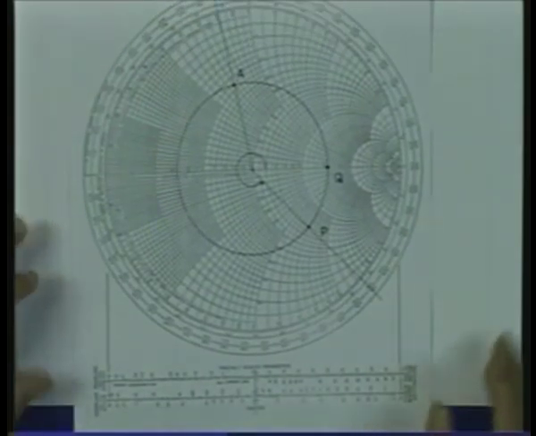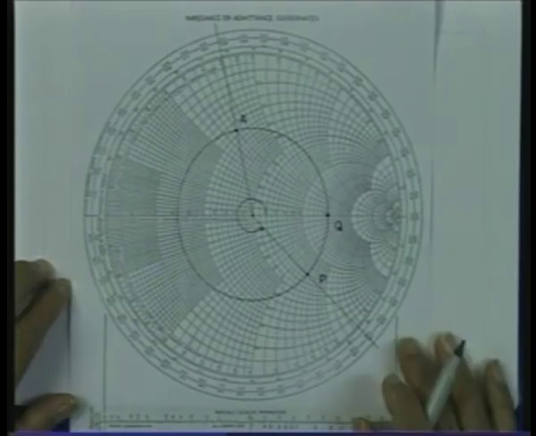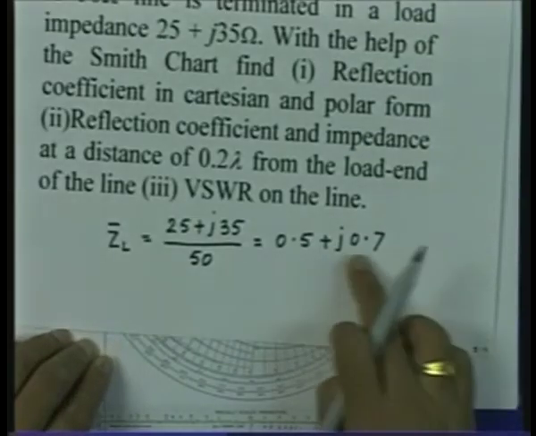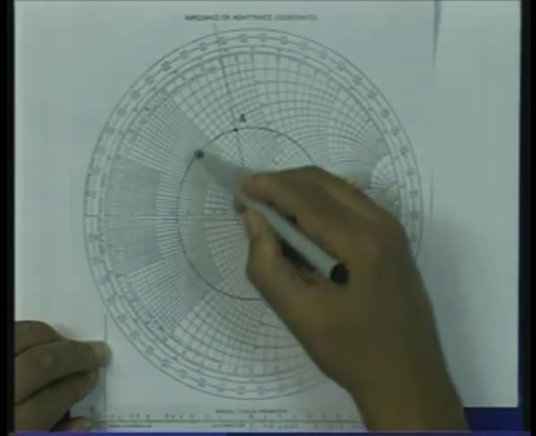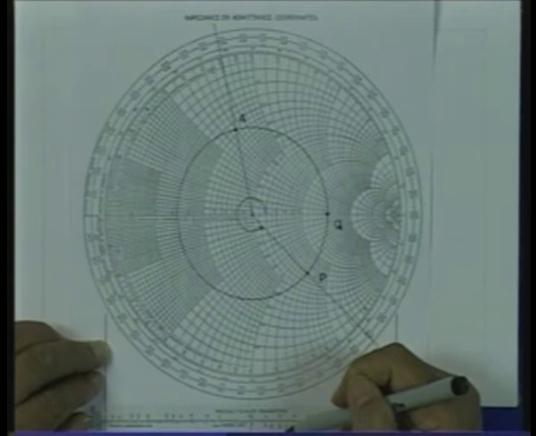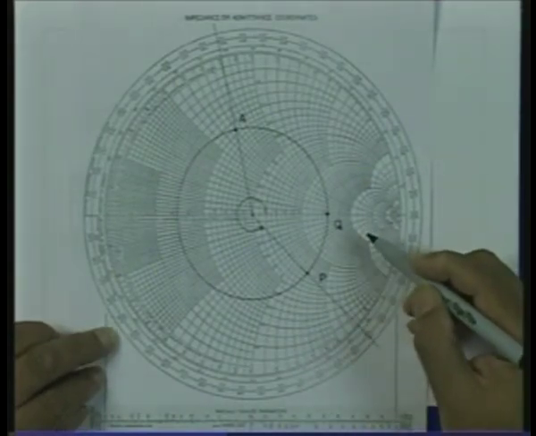We take a Smith chart and mark this point of 0.5 plus j0.7. Since its reactive part is positive, this point must lie on the upper half of the Smith chart. So, first we find a constant R circle which is 0.5, this value, and then we find a constant reactance circle which is having a value of plus 0.7.